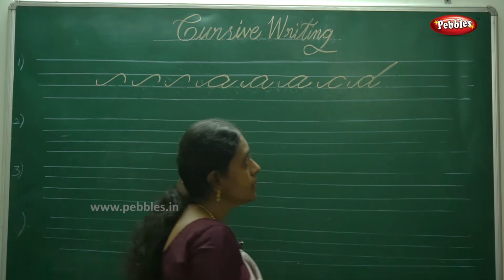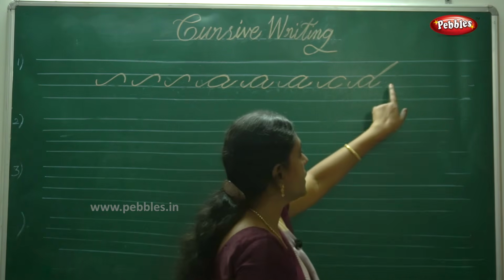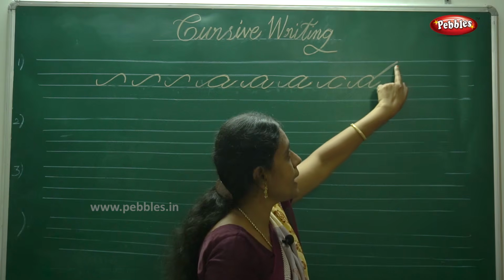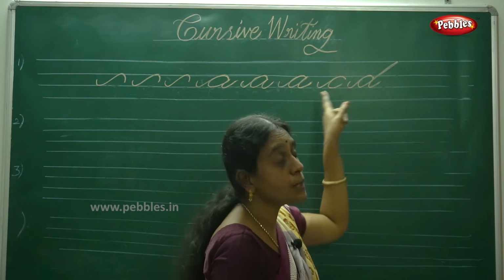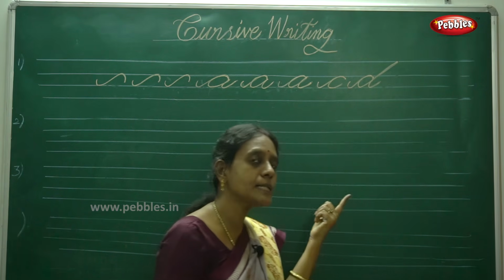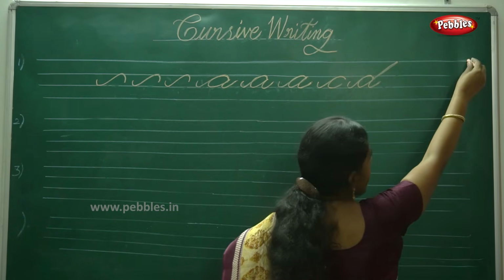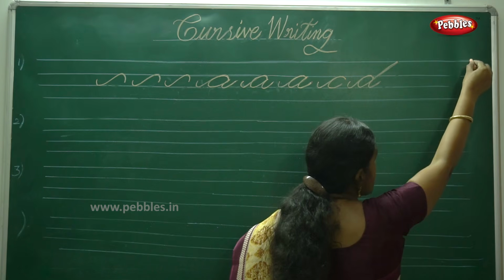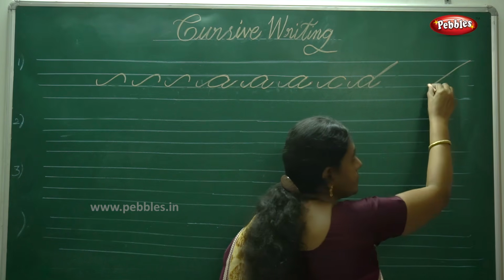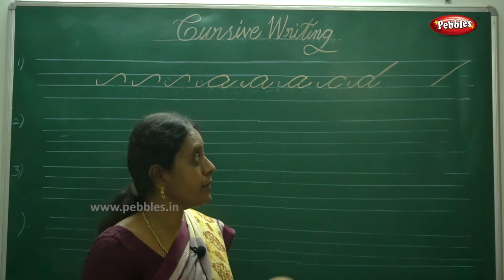D. Now listen, this slanting line which comes from our previous class basic stroke, that we have to draw first class from the ascender to bottom. Remember that, children?